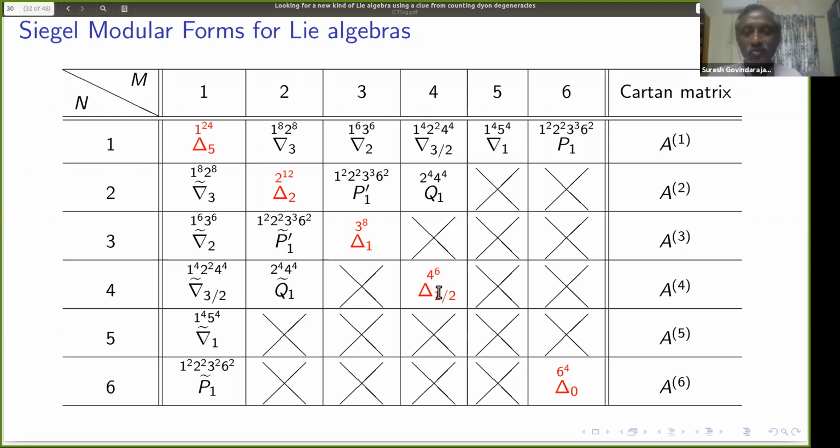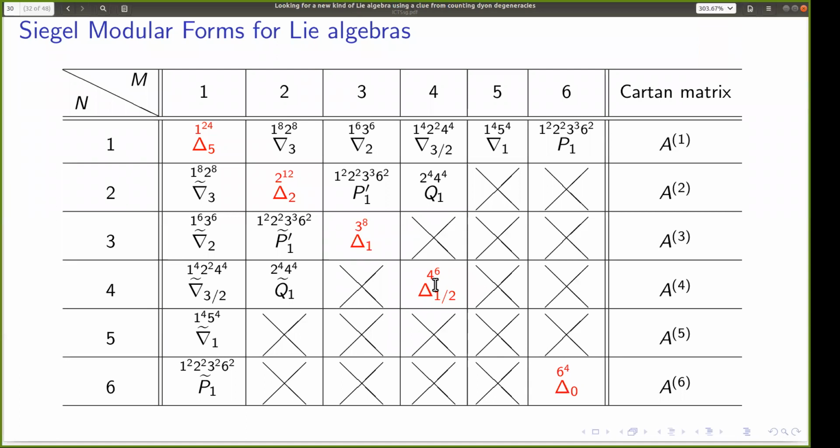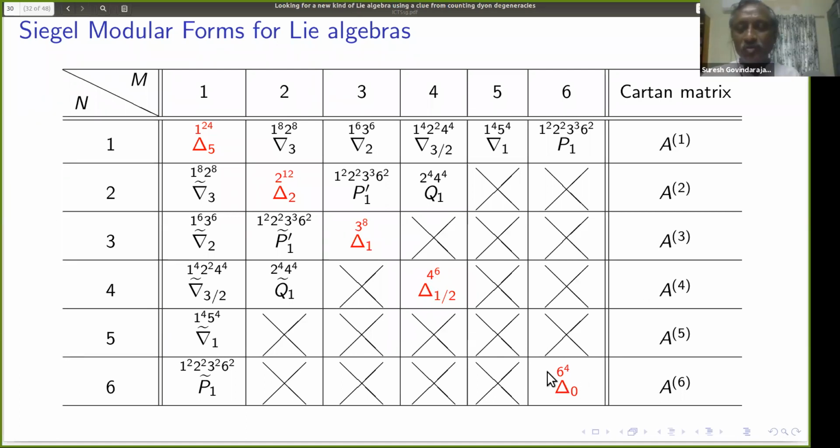And I had known this in 2012 itself. When Umbral moonshine came, we checked, and these were exactly fitting that. There was no Umbral moonshine when we studied these things. We just did them as twisted twining things. But from the Lie algebra viewpoint, I think this is very simple.